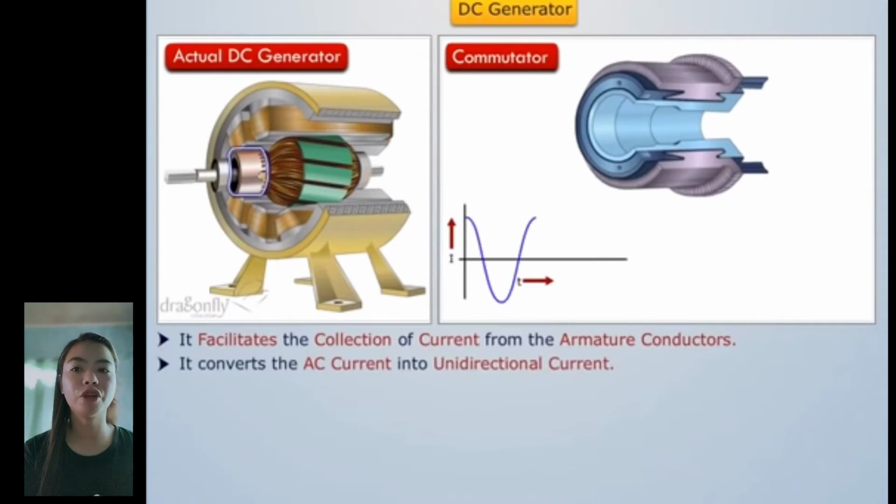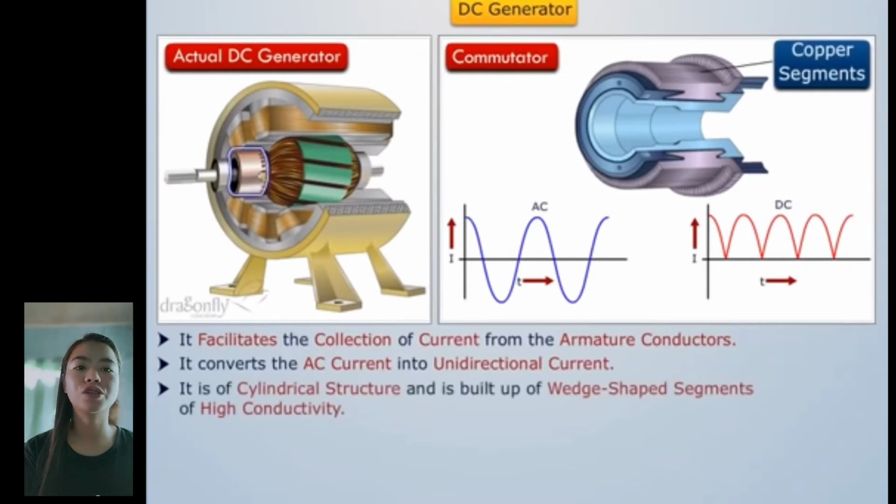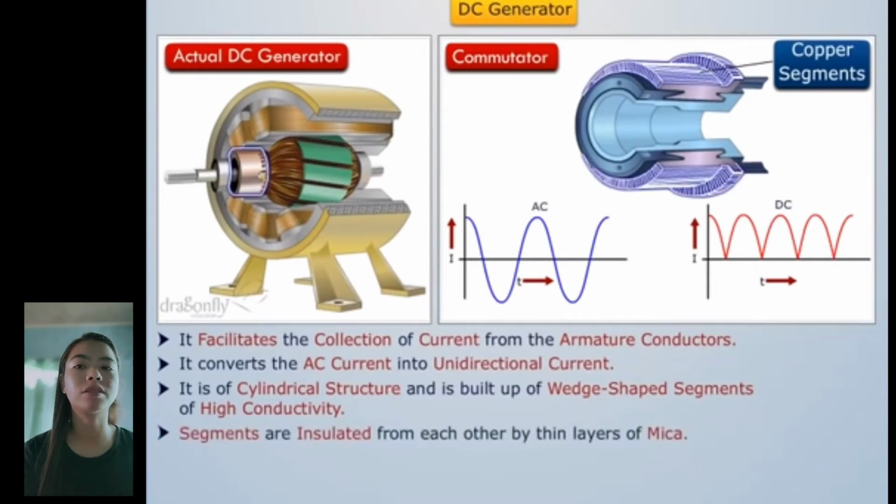It converts alternating current induced in armature conductors into unidirectional current in the external load circuit. It is a cylindrical structure and is built up of wedge-shaped segments of high conductivity hard-drawn copper.